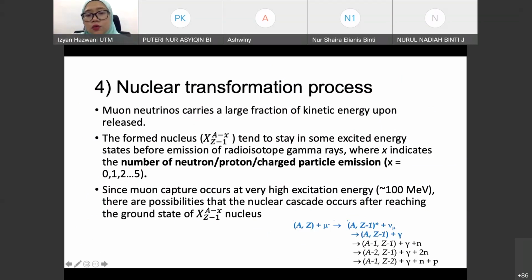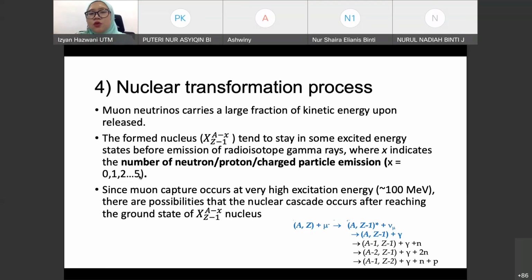Here we do not only consider the formation of A, Z minus 1, but A minus X, some other nuclear isotope. But in our study, we limit this X value to 0 to 5. This is because of calculation values, and it comes from previous observations from the 1970s until now.